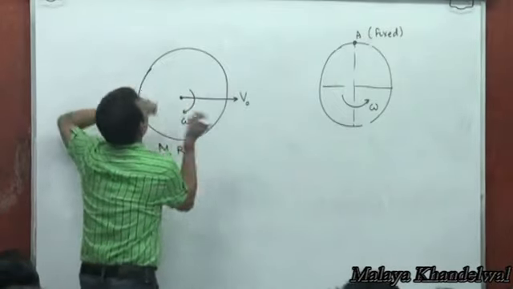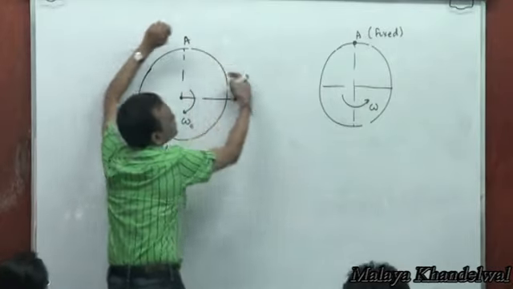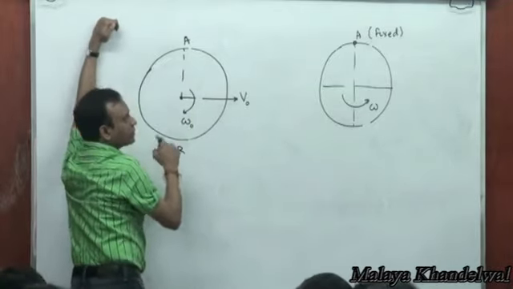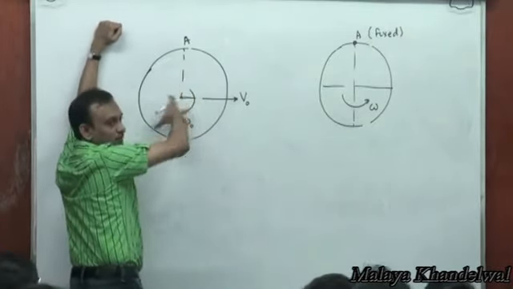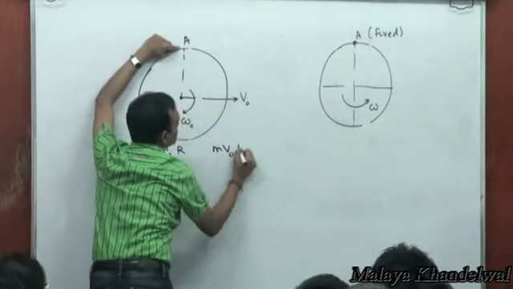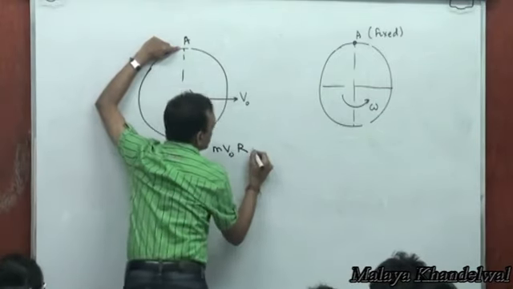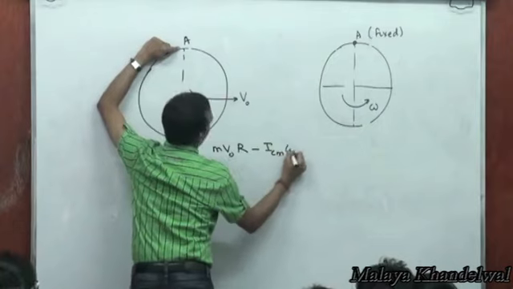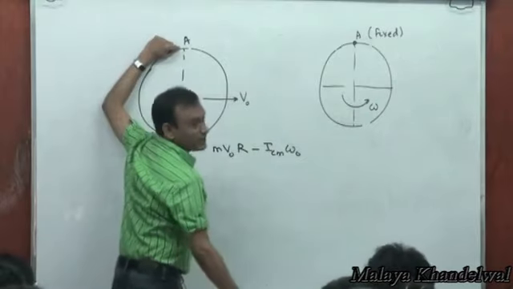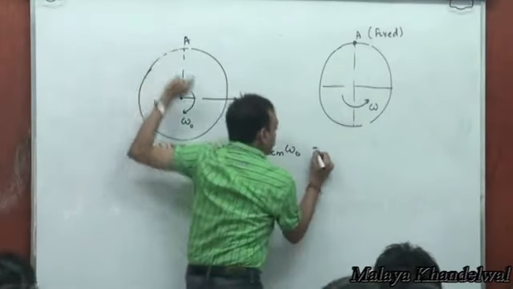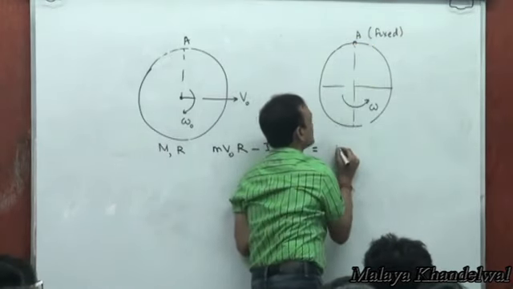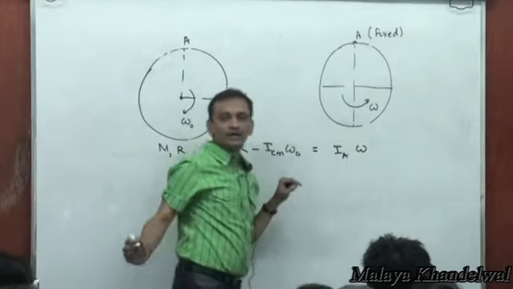So it means angular momentum about A in this state must be equal to angular momentum about A in this state. Angular momentum about A in this state: let me take anti-clockwise positive and clockwise negative. So anti-clockwise, this m v naught will produce m v naught r anti-clockwise minus ICM omega naught clockwise. That's the net anti-clockwise moment about A, prior to fixing it at A. And after you fix it at A, well, it's in a state of pure rotation about A, and then the angular momentum about A is simply going to be I about A into omega.